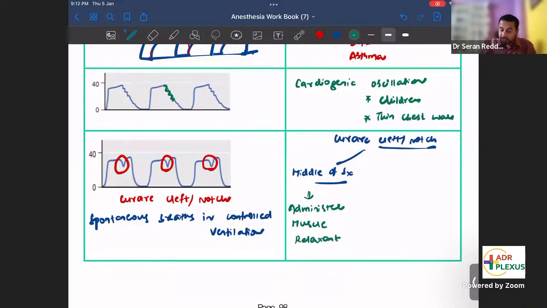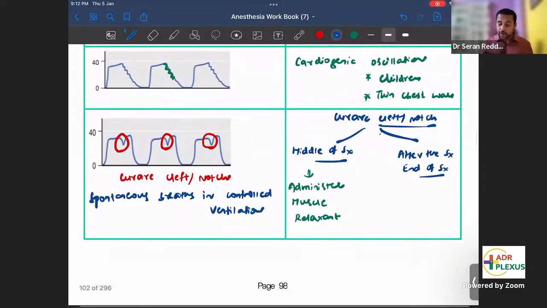At the same time, if a similar thing occurs at the end of the surgery, that means the effect of the muscle relaxant you have given is about to complete, and the patient starts having spontaneous breaths. That is very much required for us. We want to bring the patient out from anesthesia and muscle relaxation.